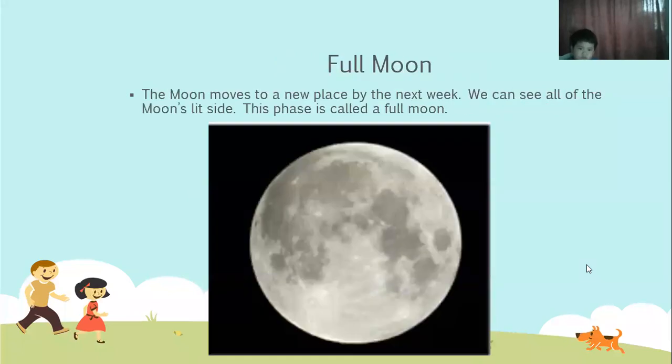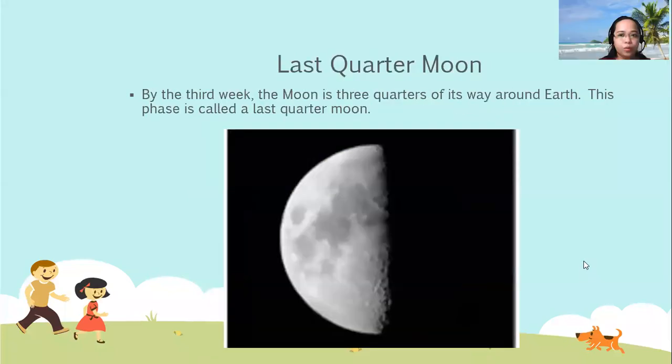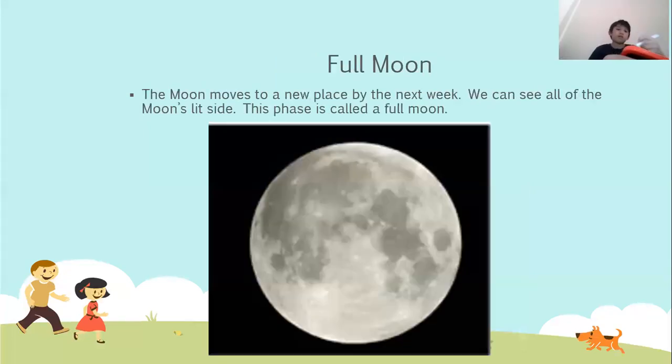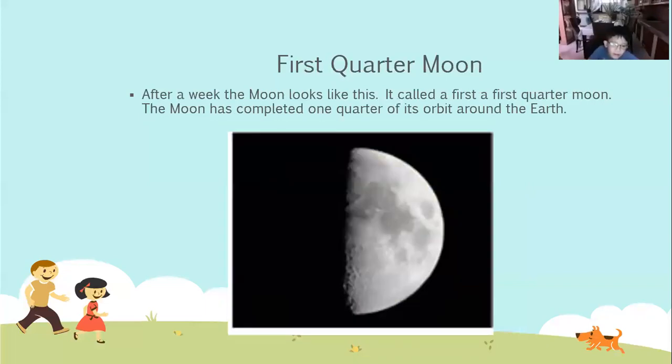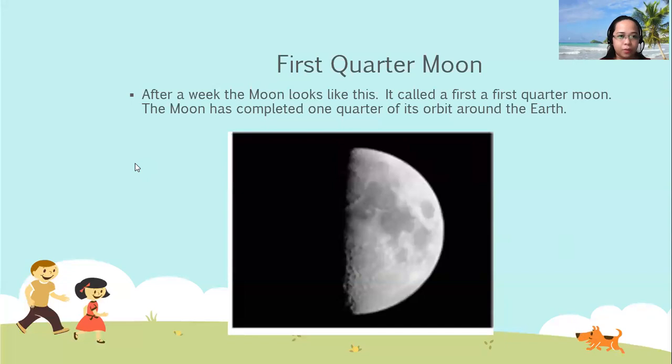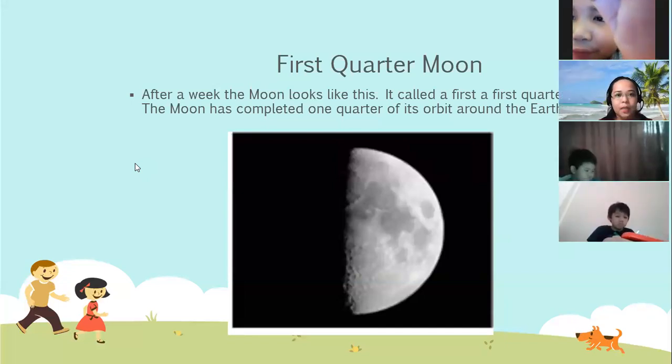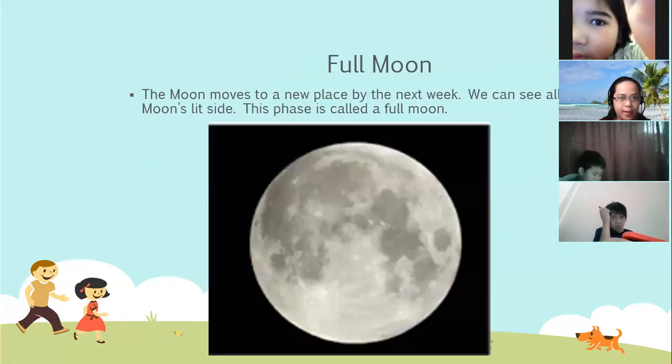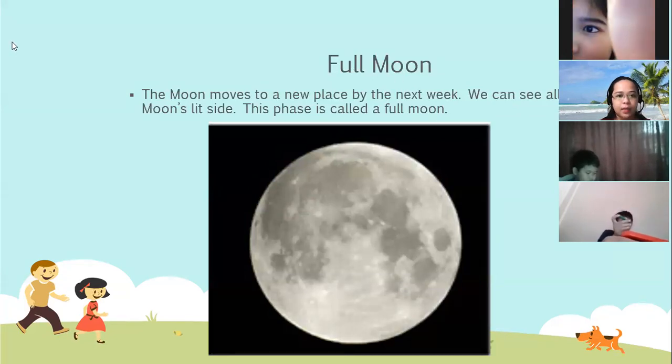Then the second one was last quarter moon. The third one was first quarter moon. First quarter moon is when the moon has completed one quarter. And full moon if you can fully see the moon.